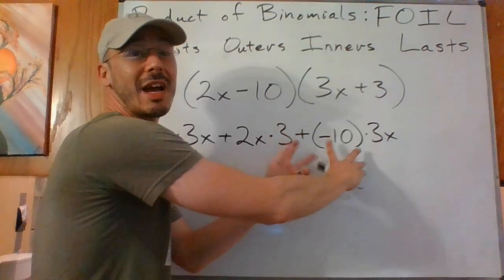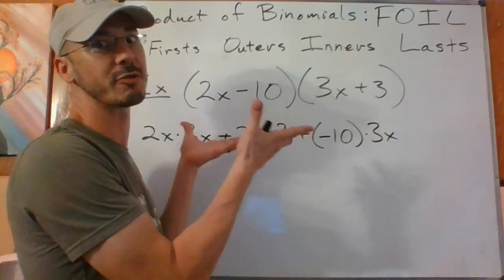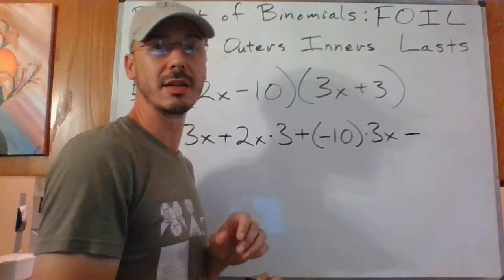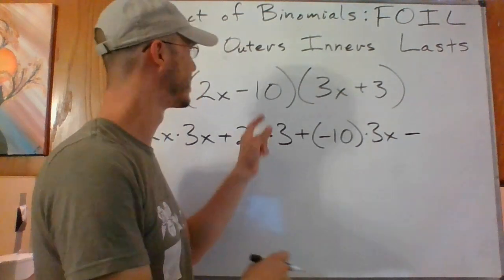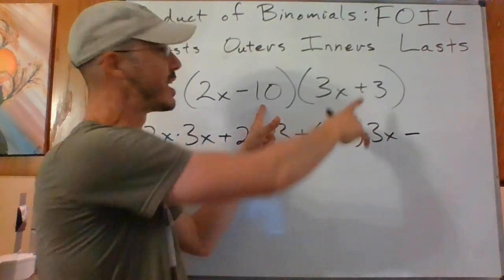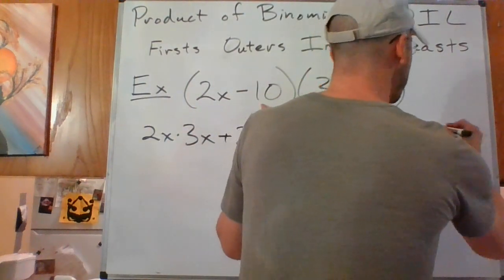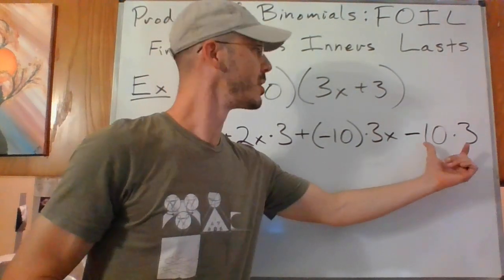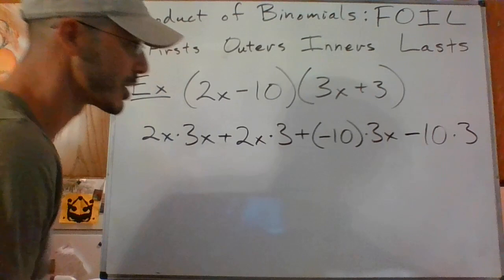In that case, you wouldn't have to write the parentheses, which doesn't seem like a lot, but there's a lot of writing, so the less you can do, the better. The last part, negative 10 times 3, I'm going to put as minus 10 times 3. That's what I mean by avoiding the parentheses, by including that negative as the operation sign.